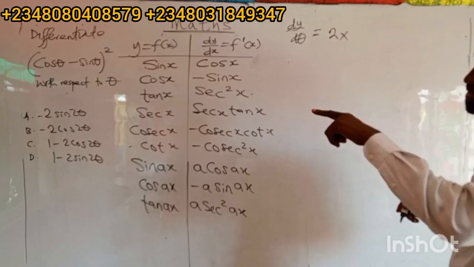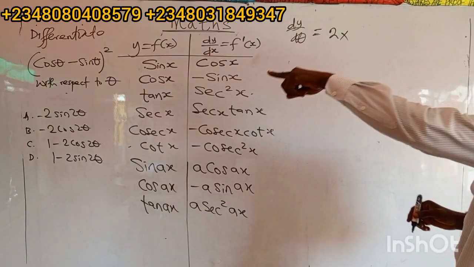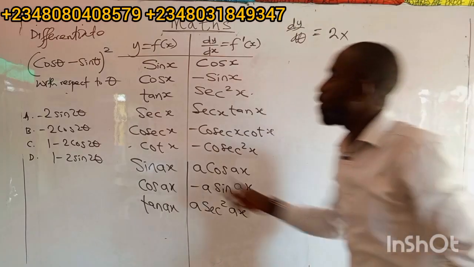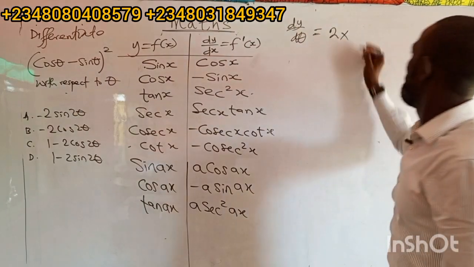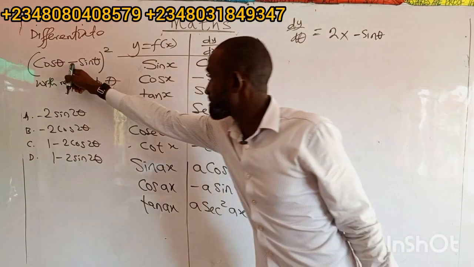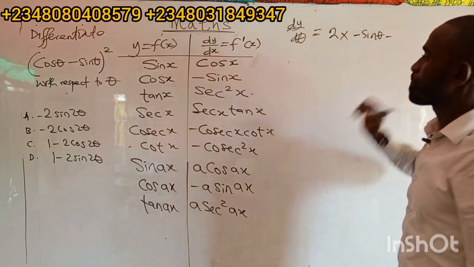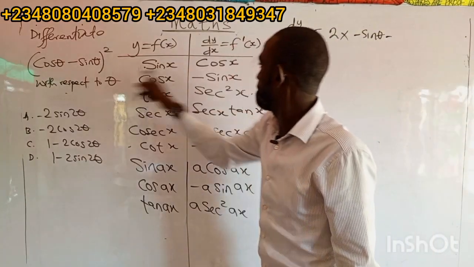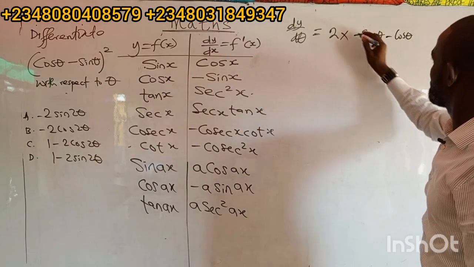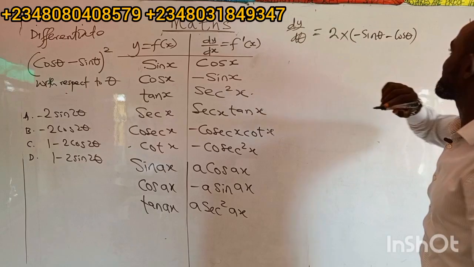So I'm having cos theta minus sin theta. What is the derivative of cos theta? Minus sin theta. Then minus is here. What is the derivative of sin theta? That will be cos theta. Then close the bracket.